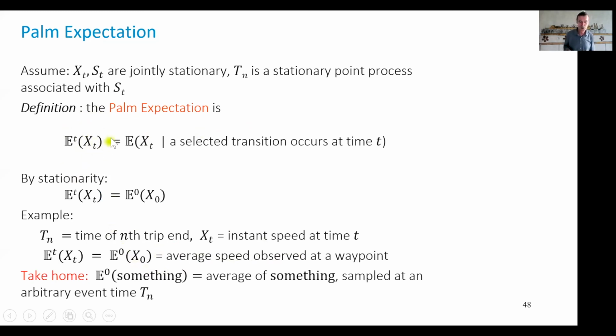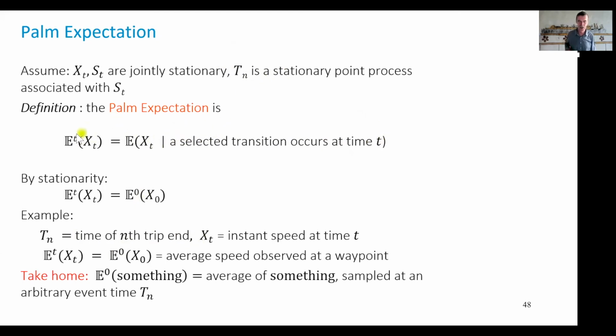Now assume I don't do that at an arbitrary point in time, but I select only points in time in which something special occurs. For example, I do that when you're in the middle of your trip, or just at the end, or at the beginning. For example, here, I do that just at the end of a trip. So I ask you, what is your speed, given that we are at one of those special times?